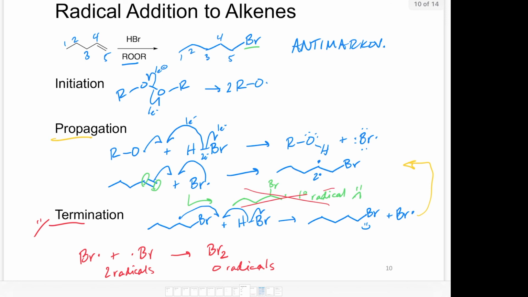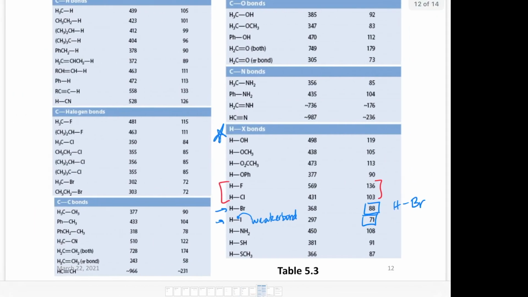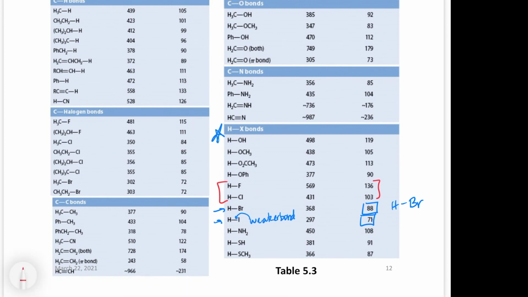And your book actually does a nice job explaining it. But the key here is that HF and HCl, these are much stronger. Okay, these bonds are much stronger. 103 kilocalories per mole for HCl and 136 kilocalories per mole for HF. And this is just highlighting again why these are endothermic reactions.